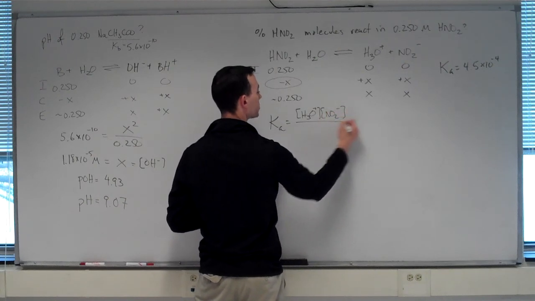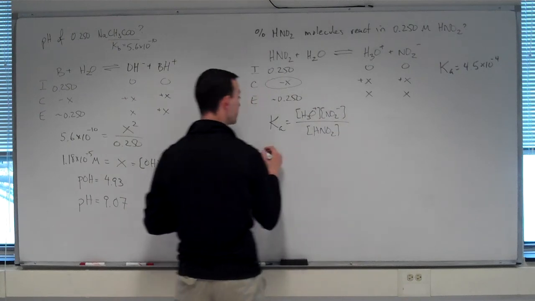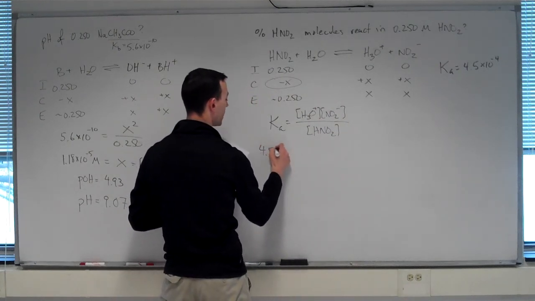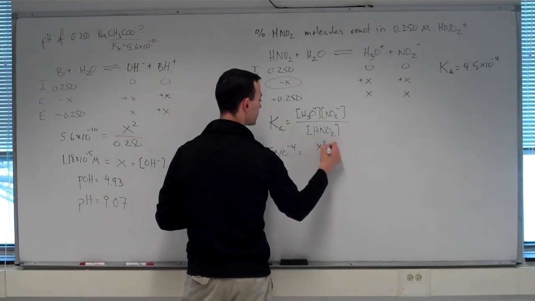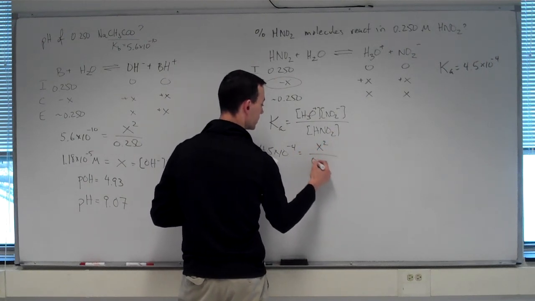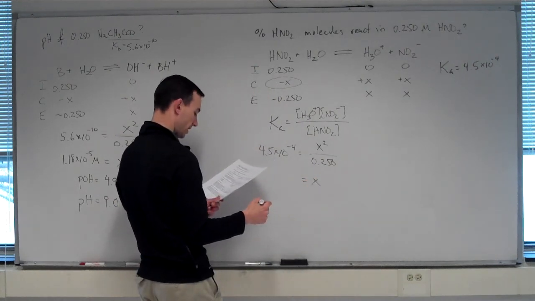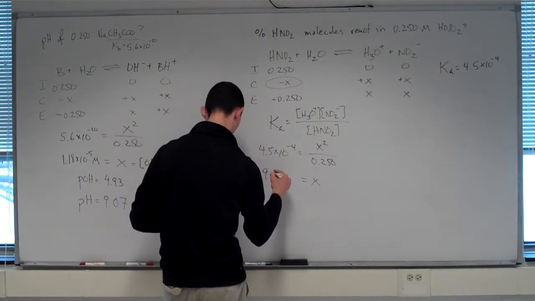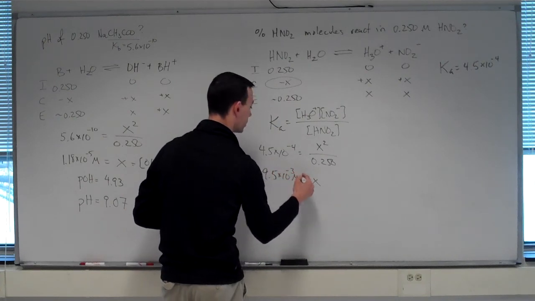Set up your Ka expression and solve. 4.5 times 10 to the negative 4 equals x squared over 0.25. So x in this case is 9.5 times 10 to the minus 3 molar.